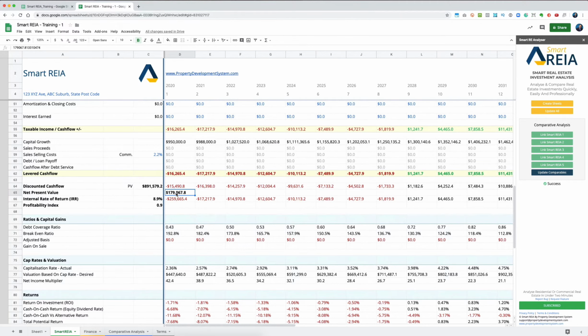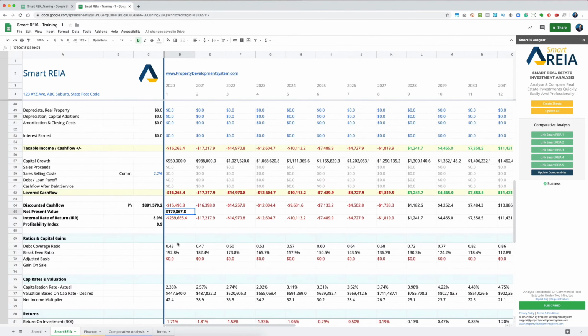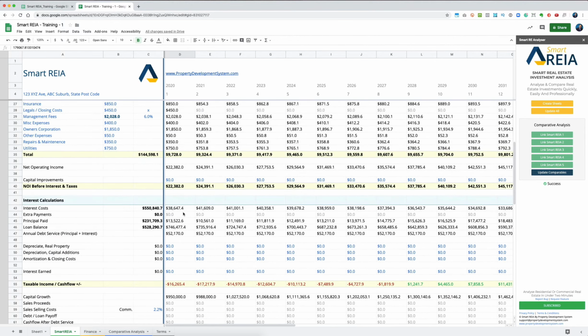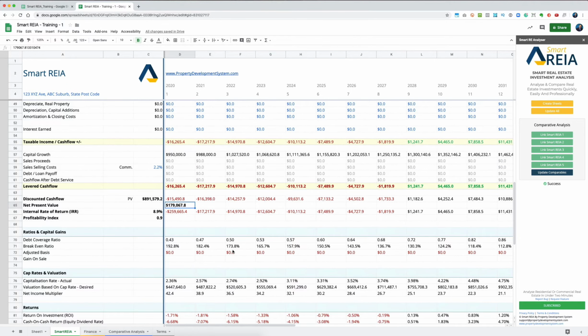If this is more than zero, that means you're making a better return in this investment. And if NPV is coming out negative, that basically means that you are better off going with the other opportunity that you have rather than investing into this investment property. So that is what this is all about.